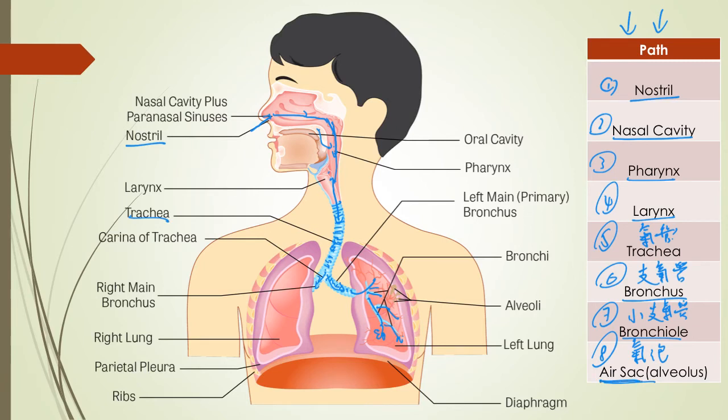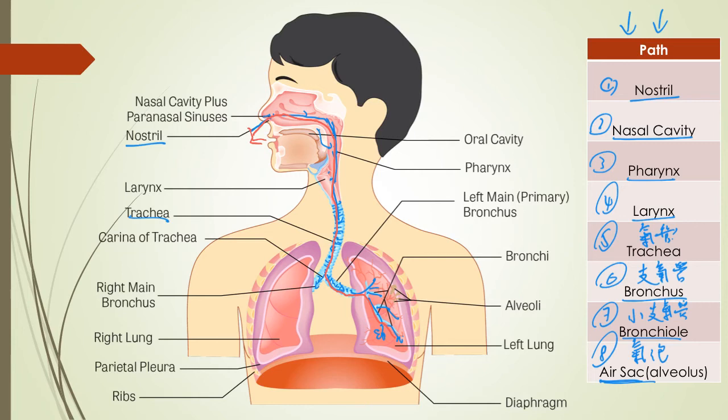That is the place where the fresh air allows the oxygen to diffuse into the blood. During exhalation, 呼出氣體, it would use the same path, I use the red pen, the same path, and allow the air to be forced away from our lung. So breathing in and breathing out use the same path.